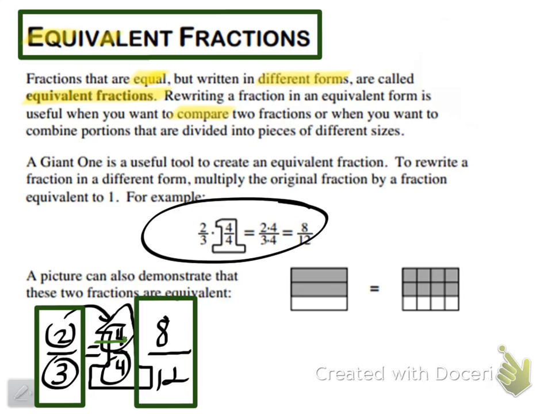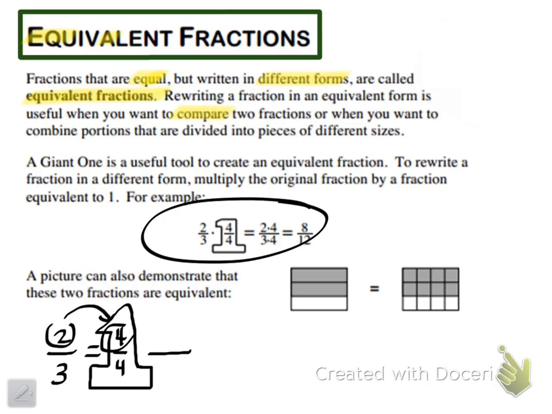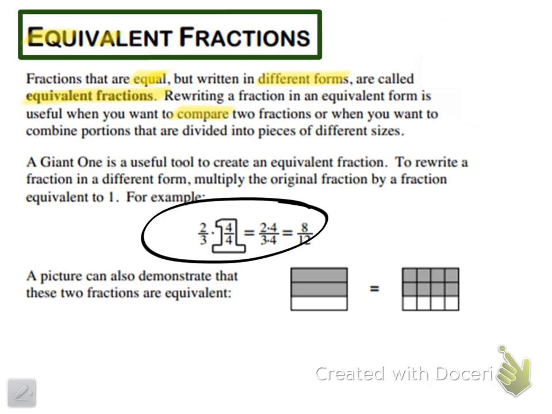Now we can also demonstrate this with a picture. A picture is worth 1,000 words, especially when you're dealing with fractions. It's really important to understand how pictures represent the exact same thing. When we look at this picture here, we notice we have 3 parts and 2 parts filled in, so this fraction is 2/3.